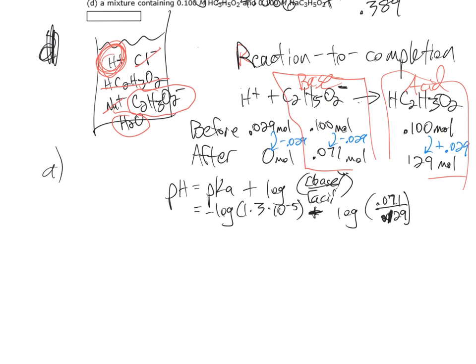And if we crunch those numbers, we get 4.886 for the pKa, just like we found in part B. And for the other portion of the expression, negative 0.259. And if you add that together, we get 4.627.